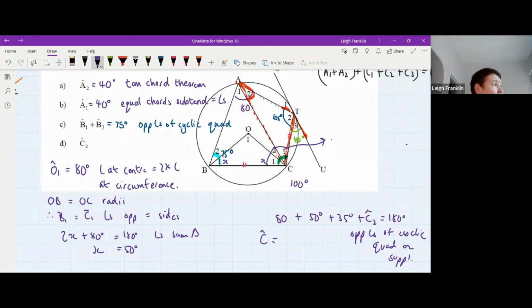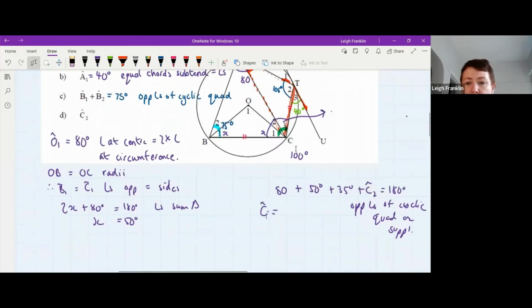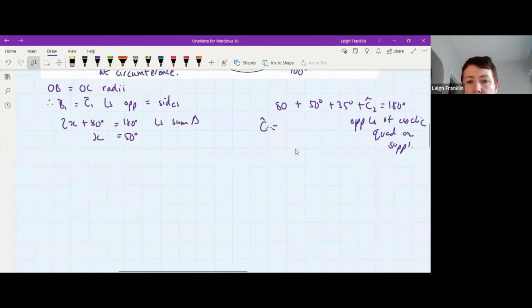Did I do that right? Yes, ma'am. 15. Okay. So C2, let's just move this up a little bit. C2 is 15. Yeah, so unfortunately, that's a little bit of a long one. There wasn't a shorter way to be able to do that, but there we go.